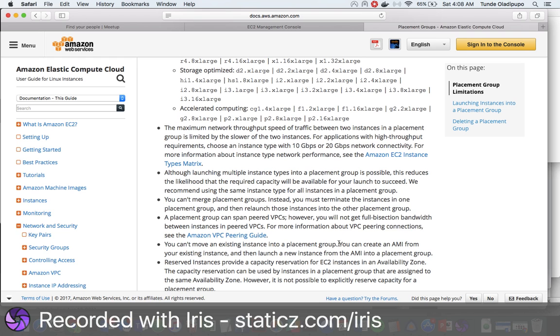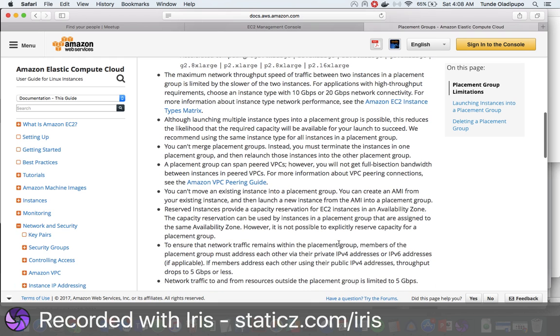And another one that I also want to point out is that you cannot move an existing instance into a placement group. So if you create a placement group, all the existing instances cannot be moved into the placement group. Only new ones can be launched into the placement group.